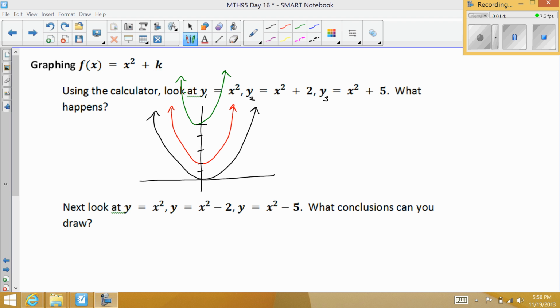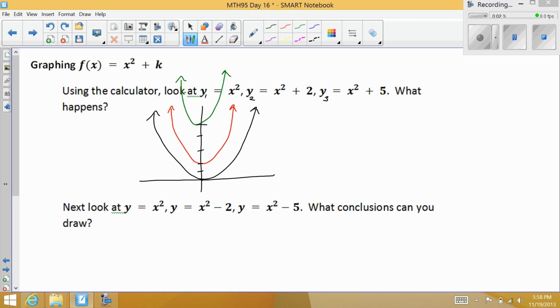And I'm hoping you're looking at a much neater graph on your calculator than what you're seeing here on the screen. But what you should have is the basic graph x squared has its vertex right at the origin 0, 0. And the function y equals x squared plus 2 should have its vertex here at 0, 2. And the third one, x squared plus 5, should have its vertex at 0, 5.